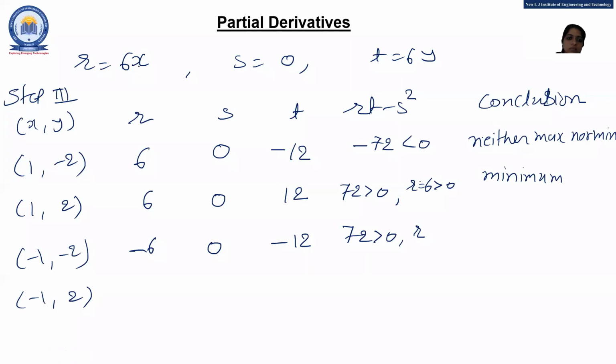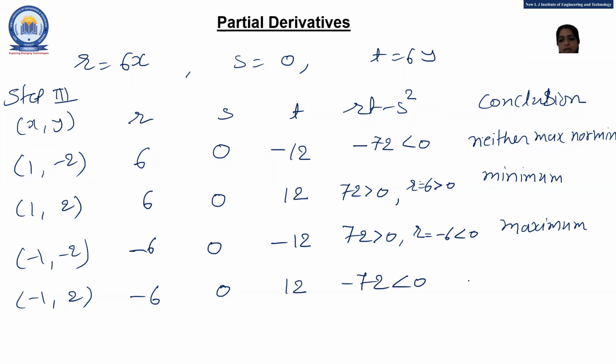My r is 6 into minus 1, that is minus 6, and minus 6 is less than 0, so my function is maximum at this point. And for the last one, here my r is again minus 6, this s is 0, and this one is 12, so that is minus 72, which is less than 0, so neither maximum nor minimum.